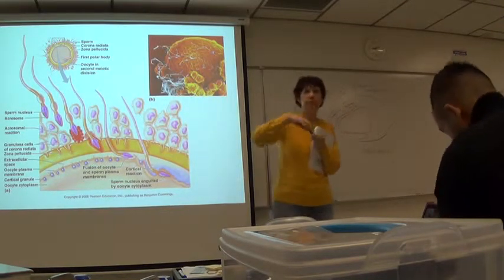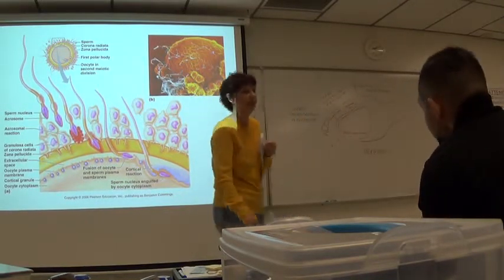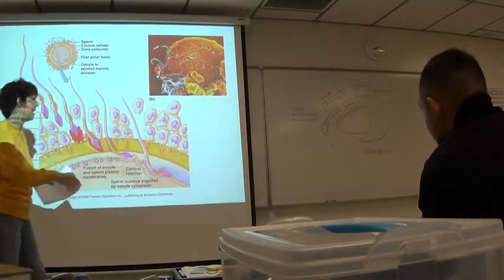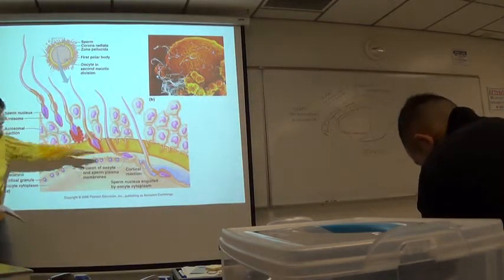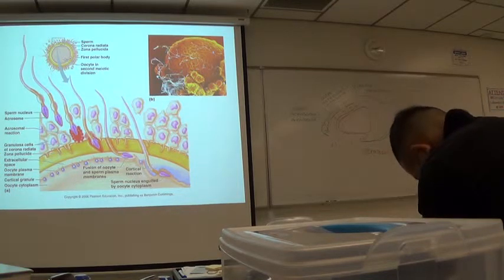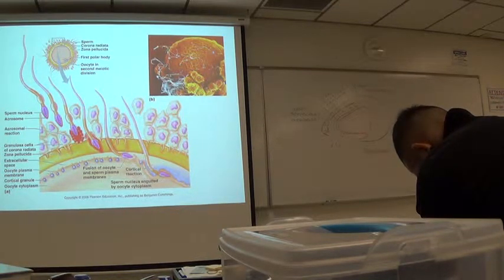Okay, so it doesn't jam itself right in like a rocket missile or something like that. It comes in sideways, and the inner acrosomal membrane will bind to integrin. This is on your lecture notes. Integrin alpha 6 beta 1 protein on page 128.